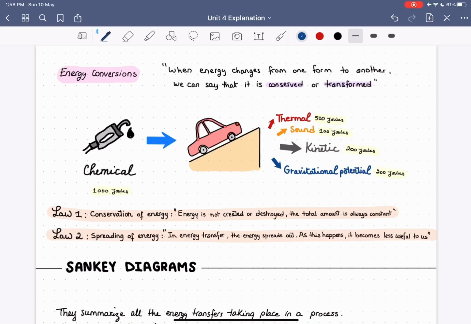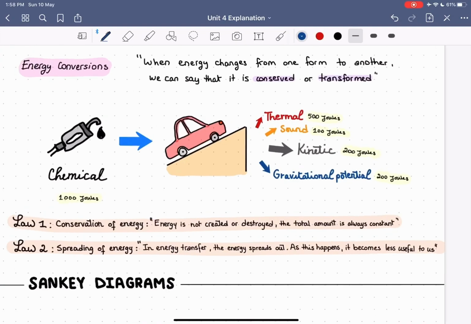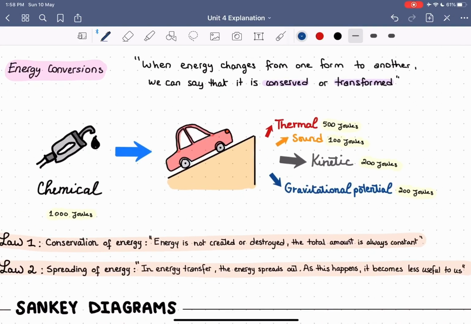So as you can see, the 100 joules was distributed into the different forms of energy. But if we sum up all the different forms of energy after we started the engine, you will see that it's always going to be the same amount. So the energy before and the energy after is the same because energy is conserved.